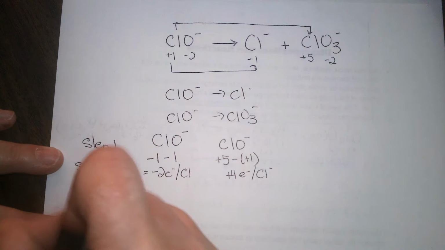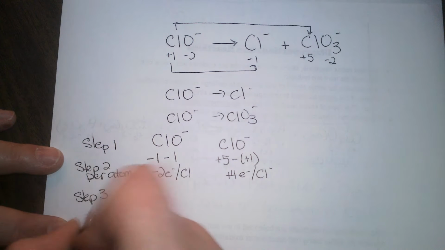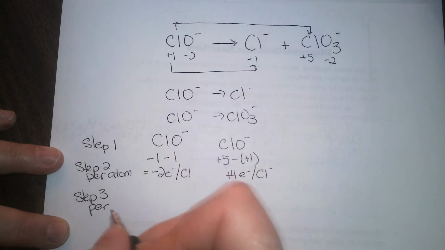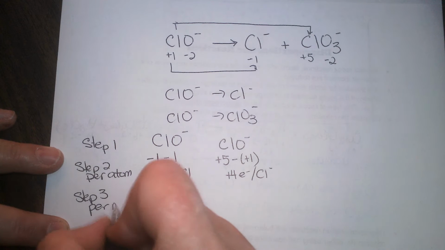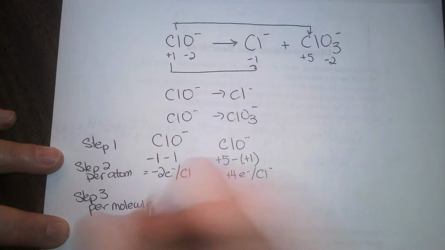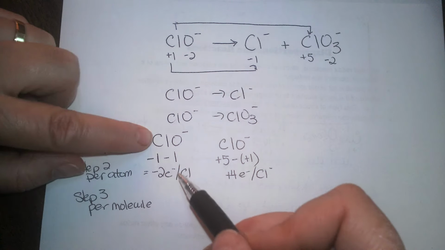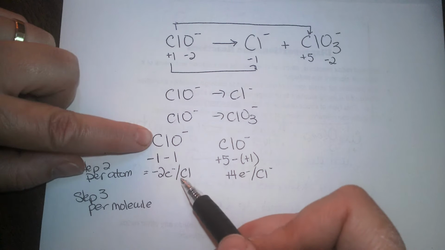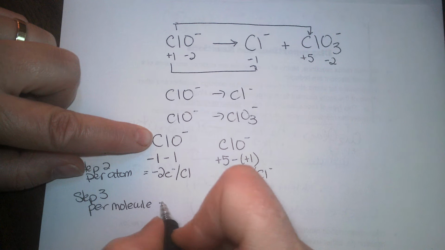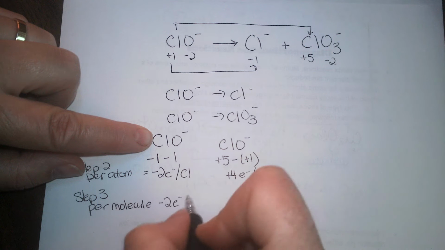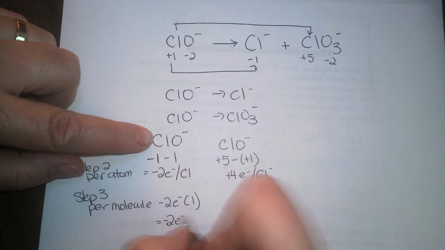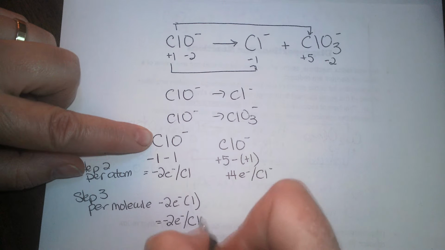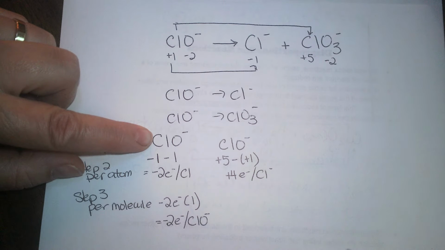Step 3 is per molecule. So when I look at this here, how many chloride ions do I have in this? So I'm going to take my -2 electrons, multiply it by 1, and get 2 electrons for every chloride ion there.